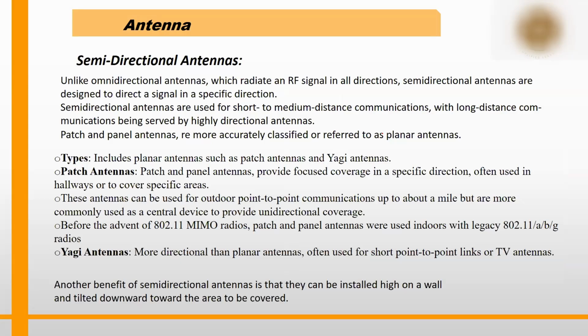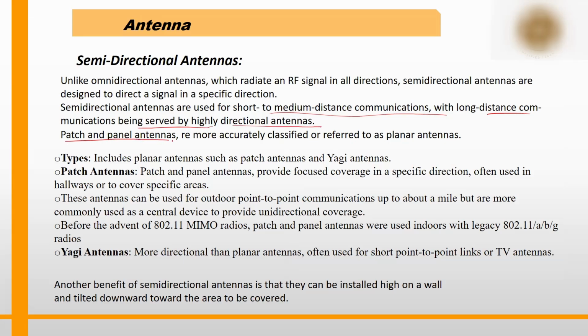Unlike omnidirectional antennas, which radiate an RF signal in all directions, so this we have studied. Types include planar antennas. Semi-directional antennas are used for short to medium distance communication, with the long distance communication being served by highly directional antennas.